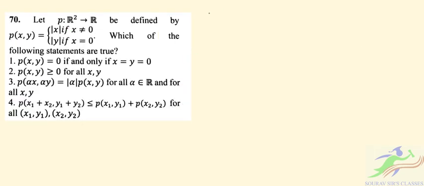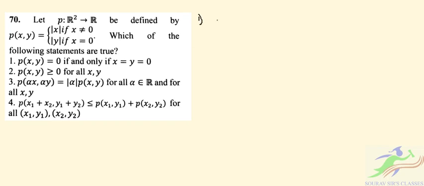Question number 70. Let P be a mapping from R² to R defined by P(x,y) = |x| when x is not equal to 0 and |y| when x is equal to 0. We have to find which of the following statements are true.